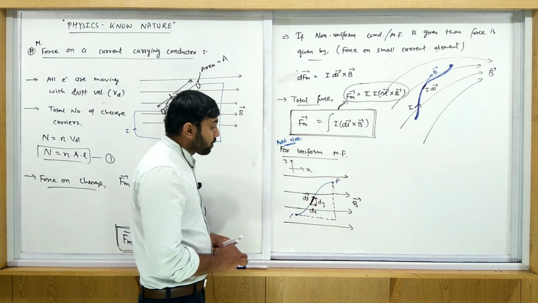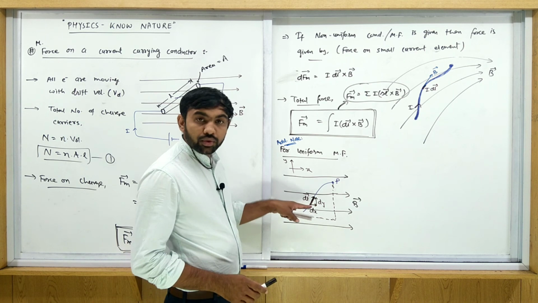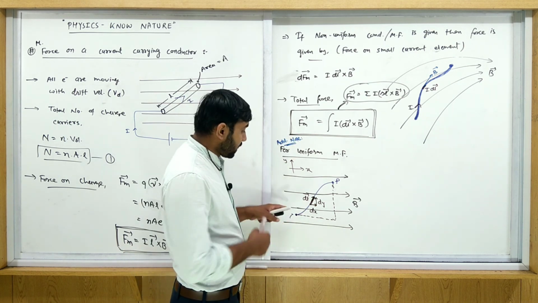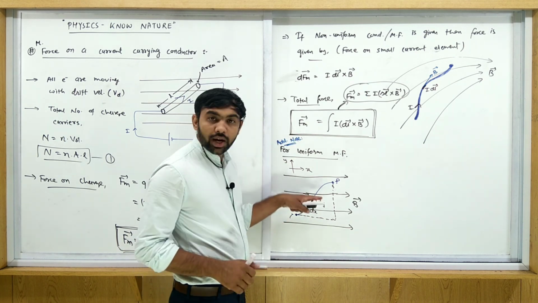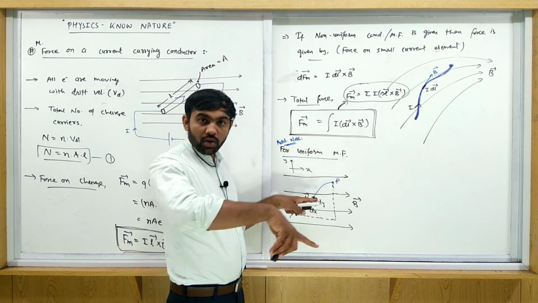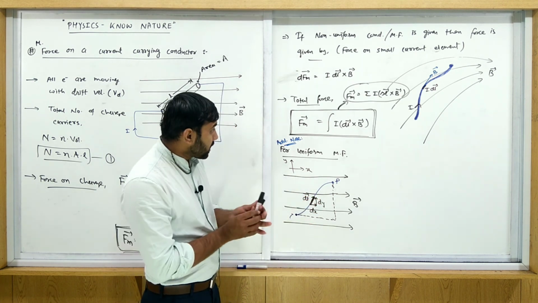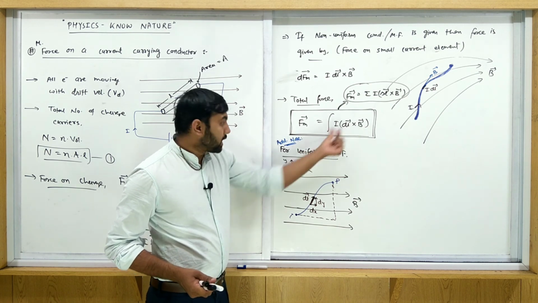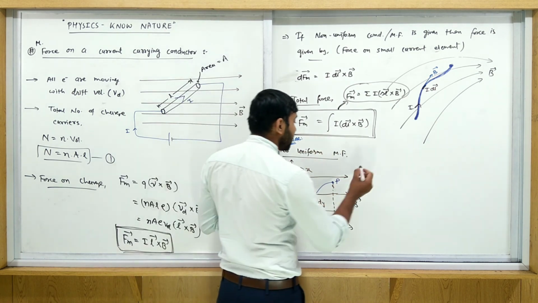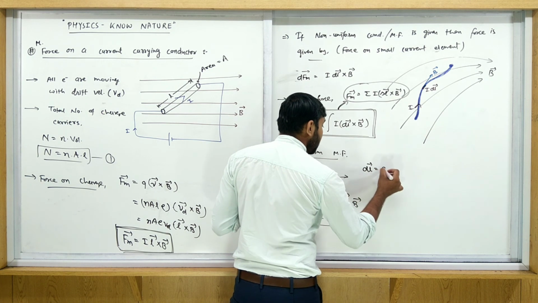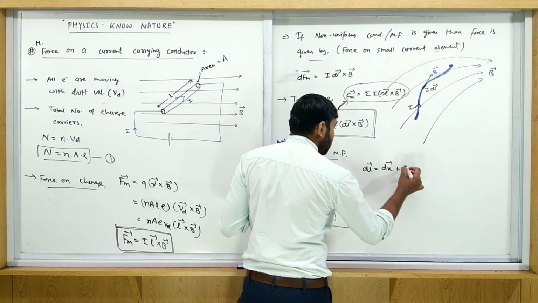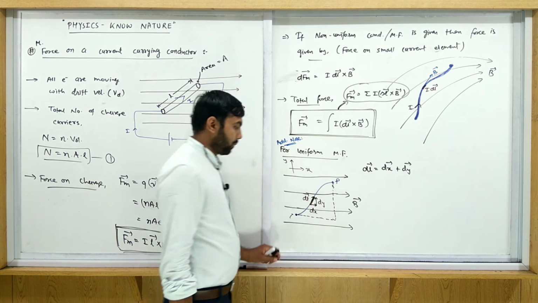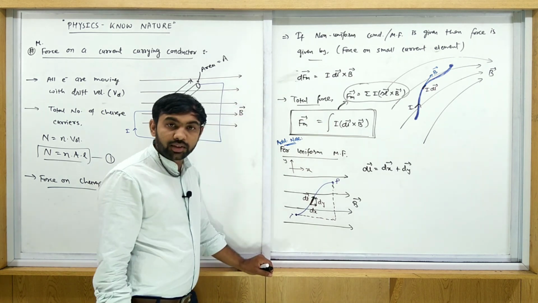So if you use this equation, there is a force along x and a force along y. You get these two answers: Fm along x and Fm along y. Here the cross product is present. See, dl cross B. What is dl? dl is equal to dx plus dy, two components, the displacement vector.